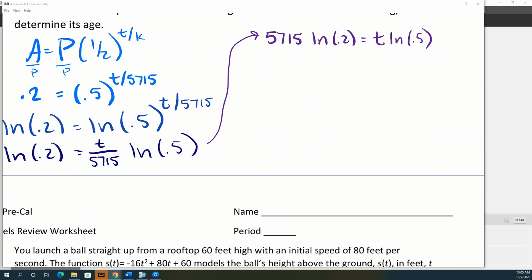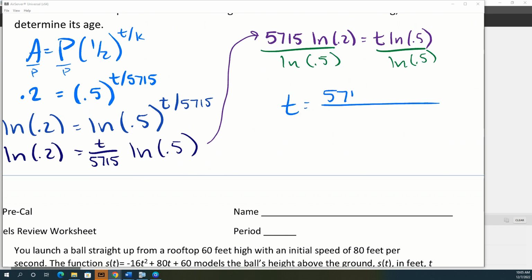And then I would divide by that logarithm. So T is going to be equal to that many years. Now, I have no idea what that equals. That's okay. It's probably a lot if it's ancient.